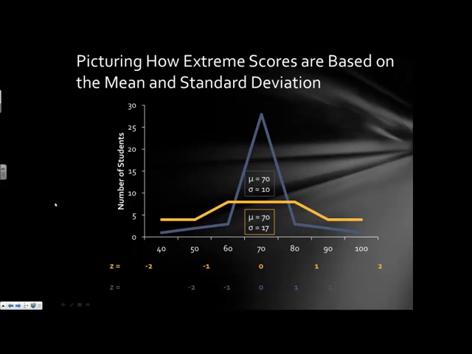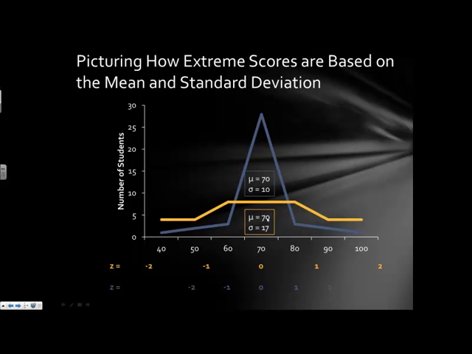So going back to that picture, looking at the two different distributions, one with a low degree of variability and one with relatively more variability, you can see that when you have more variability in the distribution, your z-scores are also more spread out. Because a z-score of 1 means that you have a score that's 1 standard deviation above the mean.